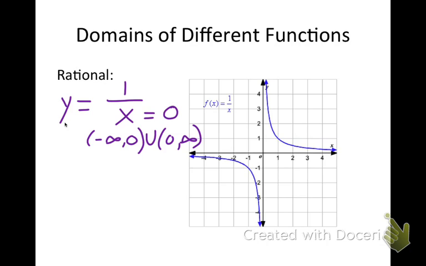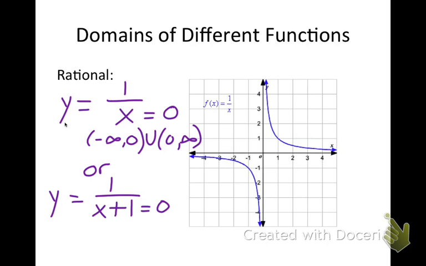Okay. If I change this into y equals 1 over x plus 1, now what's the number that it could never be? 0 is okay now, right? Because 0 plus 1 is 1. What number makes me get a 0? If I set this equal to 0, it's going to be negative 1.